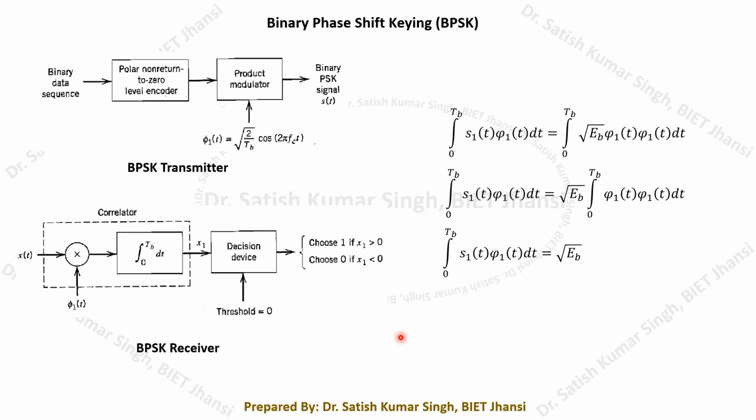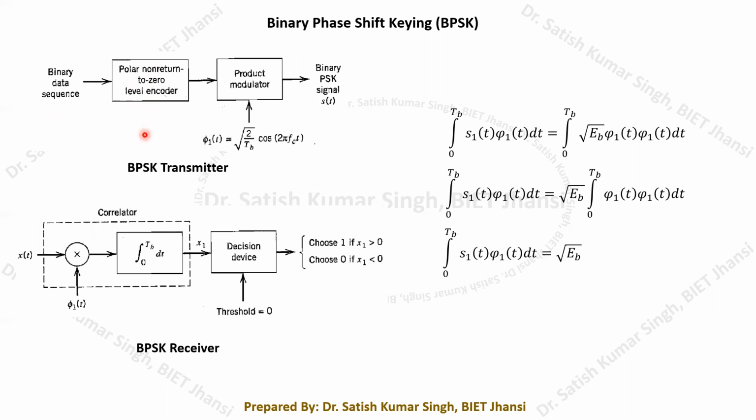As I said, in the case of phase shift keying, also known as binary phase shift keying, we take a binary data sequence and convert it into polar non-return to zero signals.